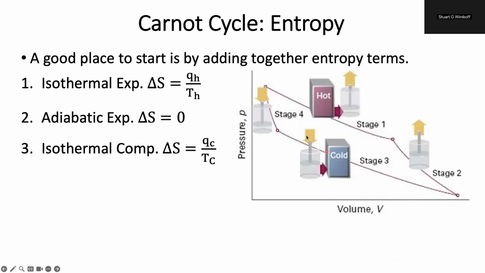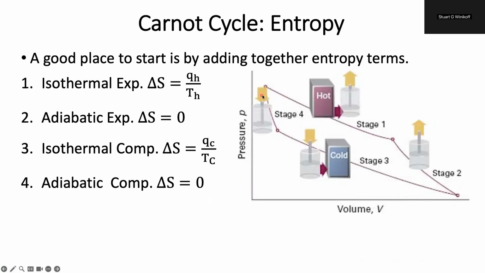So now we can go ahead and compress again until we get to the adiabatic compression. But since it's adiabatic, there's also no change in the entropy. That means that when I'm trying to add together all four of these entropies, I get to ignore the adiabatic terms, and that's really easy. But also note, we begin and end in the same place.